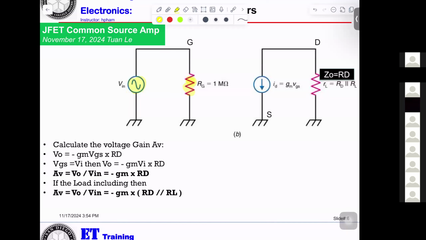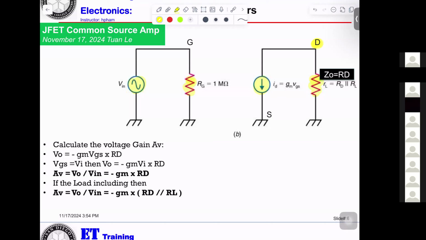And this is the drain, and the resistor here will be RD. And this is the current source from the drain to the source. The value will be Gm times VGS.